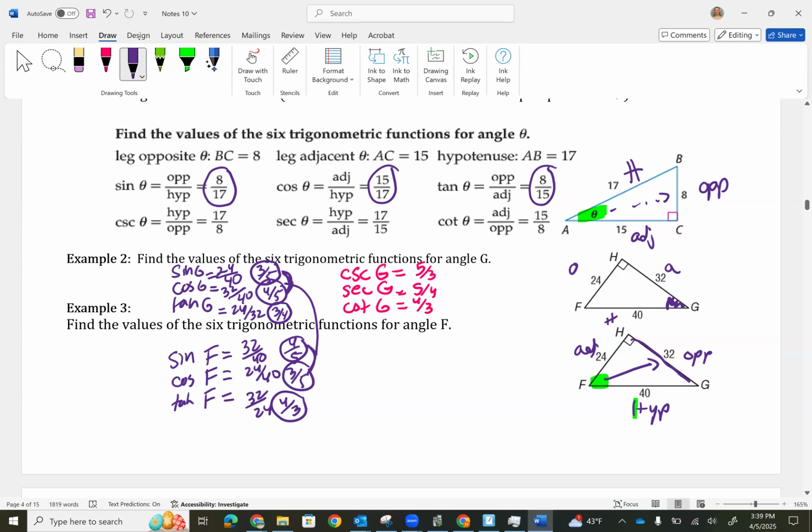And then also, if you do cosecant of F, secant of F, and cotangent of F, we're just going to do the reciprocals of each of these. And we get 5/4, 5/3, and 3/4.